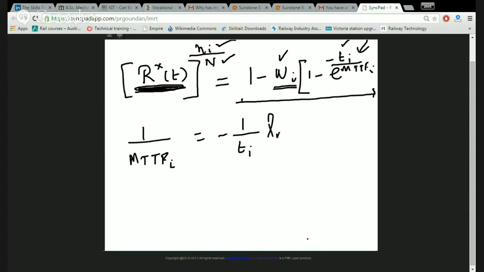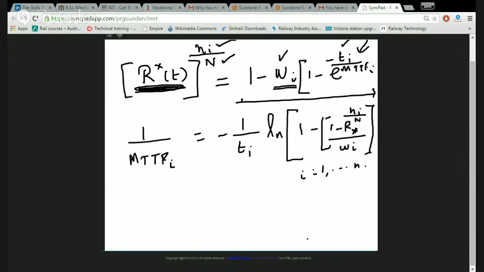Because e power is there, 1 minus R star to the power Ni by N divided by Wi, i equal to 1 to N. So 1 by MTTF is a failure rate. So you inverse this, you will get that. Now all the parameters are known except Wi. Wi is the only parameter I have to get.